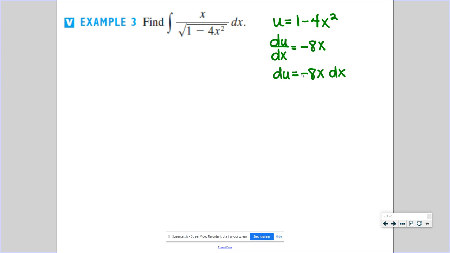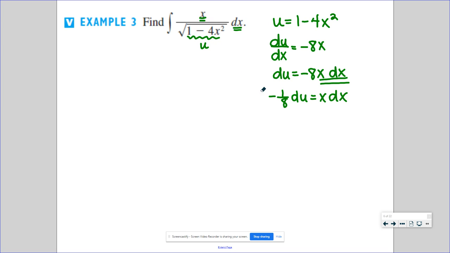And that's going to make it du equals negative 8x dx. Okay, here's where I like to reevaluate. So I've got this bottom part taken care of because all that's going to be u. But I still have an x and a dx that I need to sub something in for. So I have that right here. I just need to divide by the negative 8 to get the x dx all by itself.